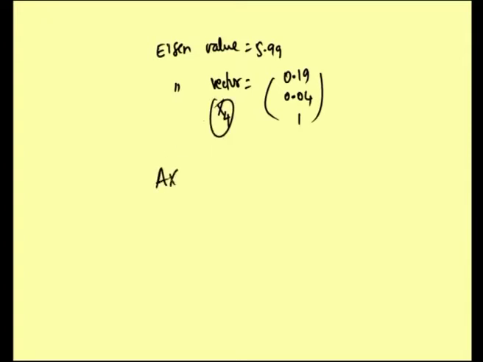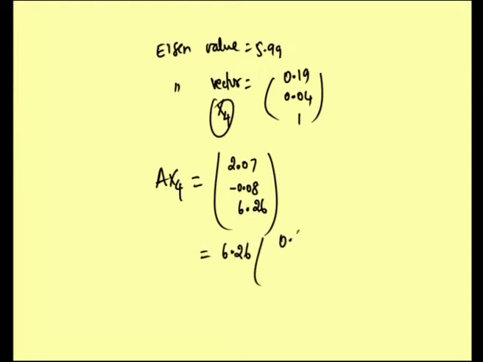Now compute A x4, and we get 2.07, minus 0.08 and 6.26. Here the dominant value is 6.26, so it is taken outside and the remaining is 0.33, minus 0.01 and 1.